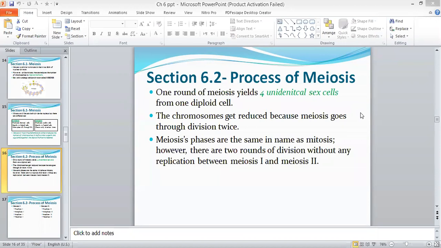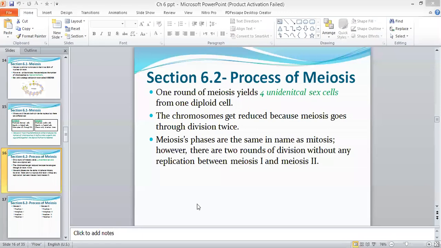About the meiosis division, the main point in section 6.1 is the comparison between meiosis division and mitosis. Meiosis is the division for the sex cells, mitosis is for the body cells.